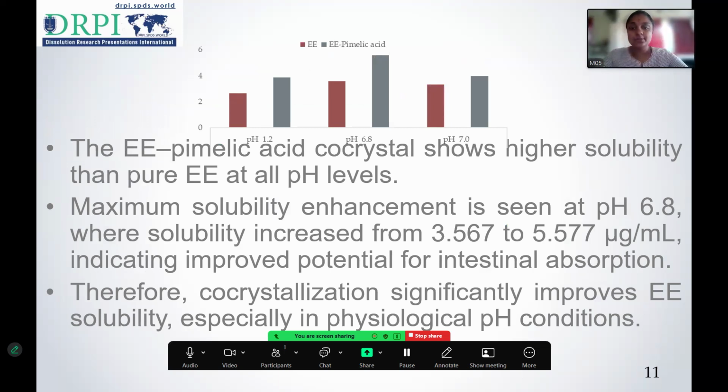It has been observed that co-crystals improve the solubility of the drug, and maximum solubility is observed at pH 6.8, where solubility increased twofold, indicating improved potential for intestinal absorption. Therefore, co-crystallization significantly improves drug solubility in physiological pH conditions.